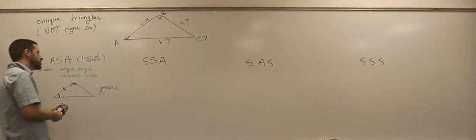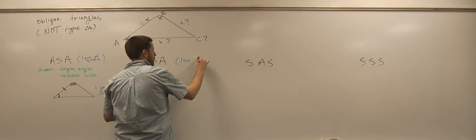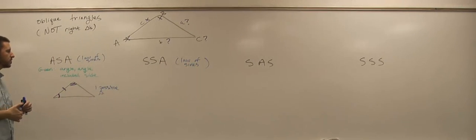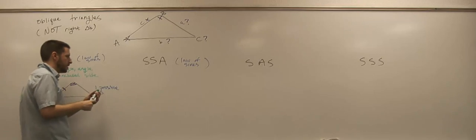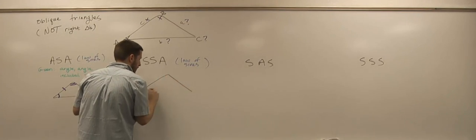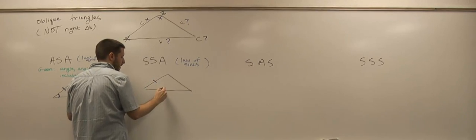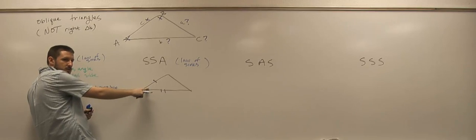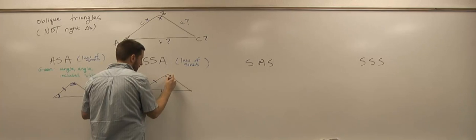Side-side-angle is the other situation where you have to use the law of sines. And what do you think this means, side-side-angle? Two sides and an angle that's not between them. Two sides and the excluded angle, meaning side, side, but not this angle, because this angle would be included between the two. So not the included angle, but maybe this angle up here.